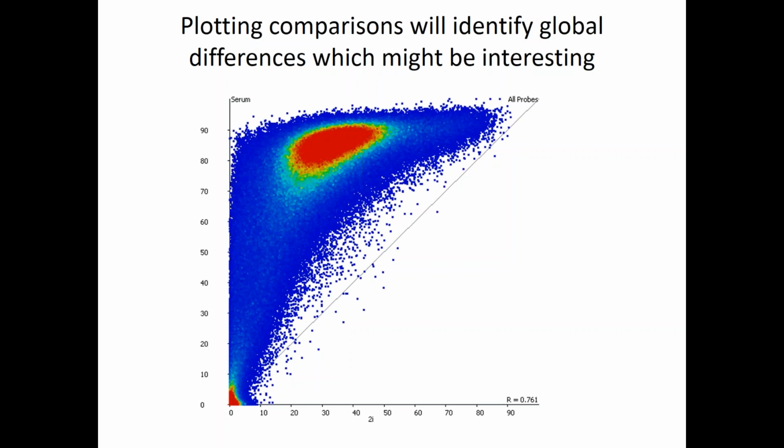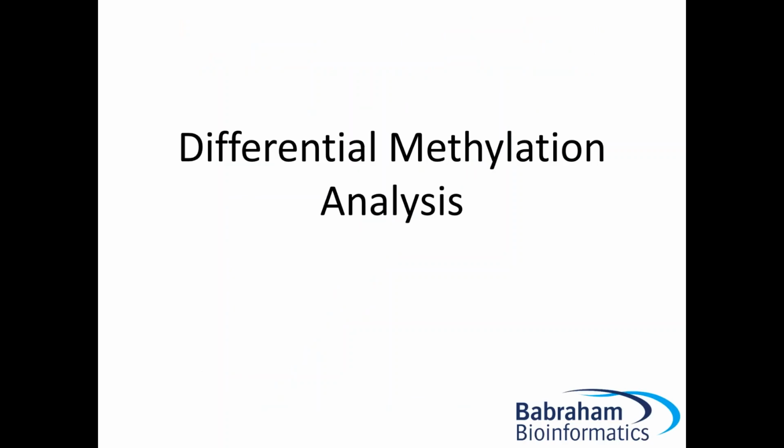Then from the quantitations, you can start looking for global differences, or look at individual regions of the genome to understand them in more depth, before you get on to the second part of the talk, which is asking specific questions and assessing those statistically. I'm going to stop briefly there to see if you have any questions before we get on to the actual differential methylation statistics. If there are any questions, I'm quite happy to take those now.